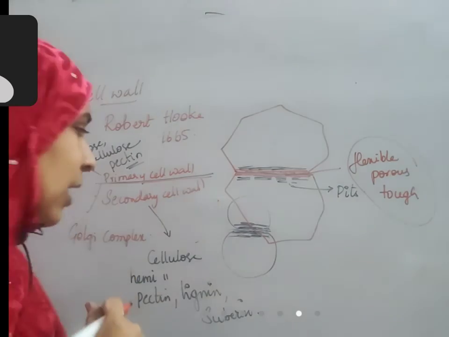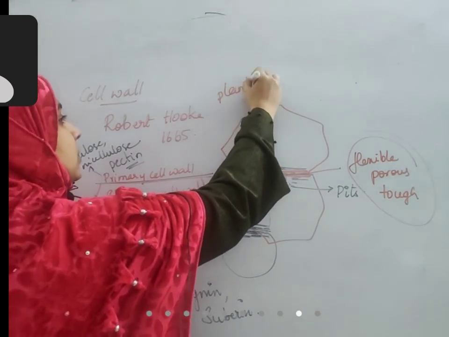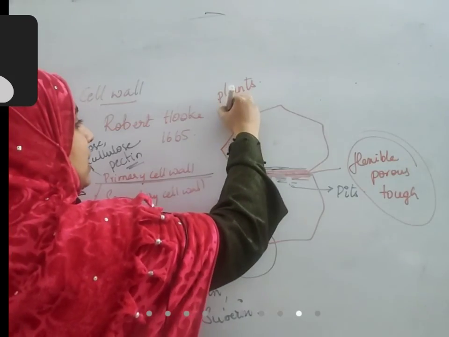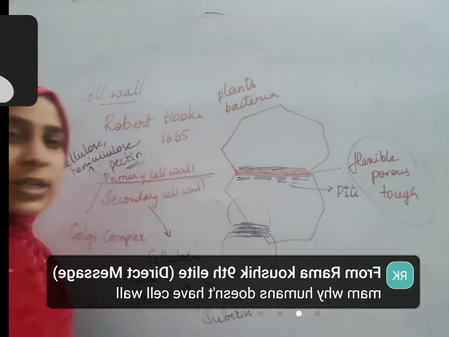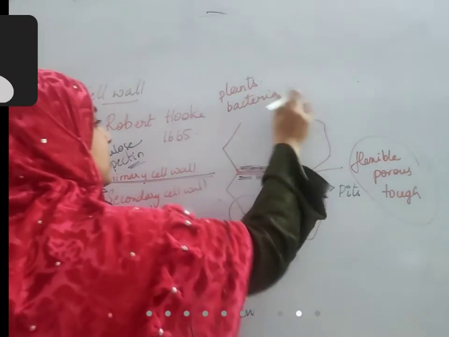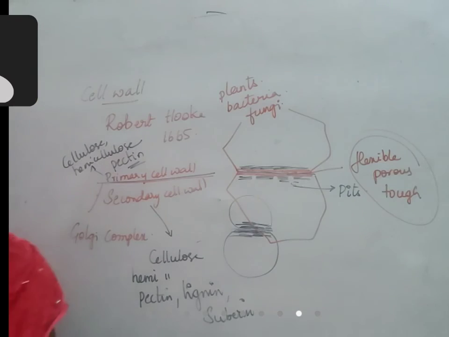Okay, this cell wall is present in organisms like plants, unicellular prokaryotes like bacteria, eubacteria, archaebacteria, cyanobacteria, all these have cell wall, and also fungus. Plants, bacteria and fungus have cell wall.